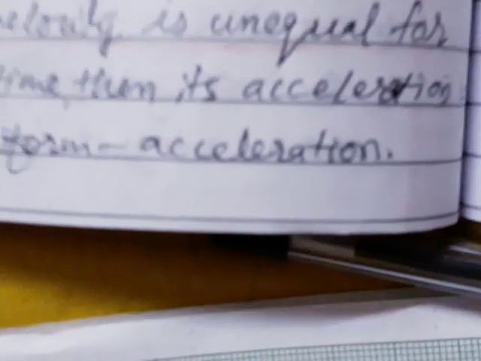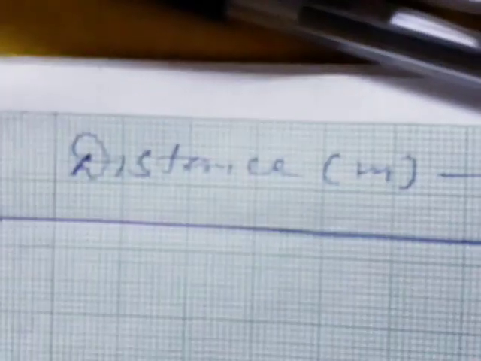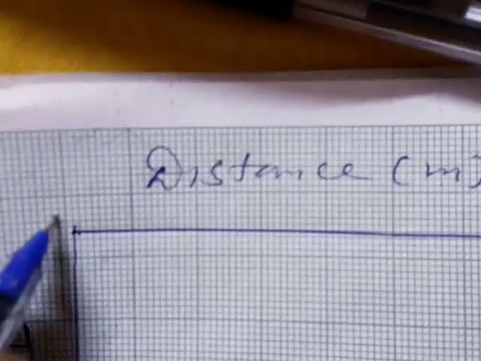If the shape of the graph is like this, this is the time axis, time is in second, and this is the distance axis in meter. Now this one is the origin.